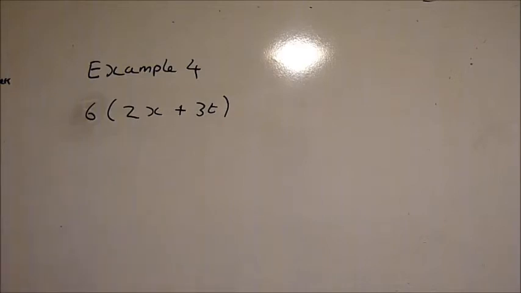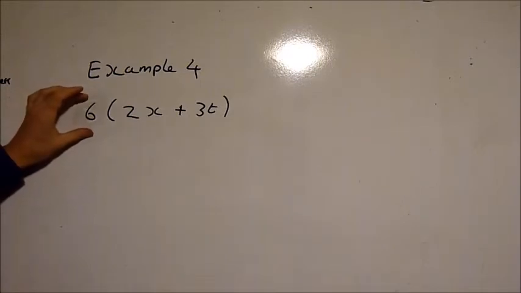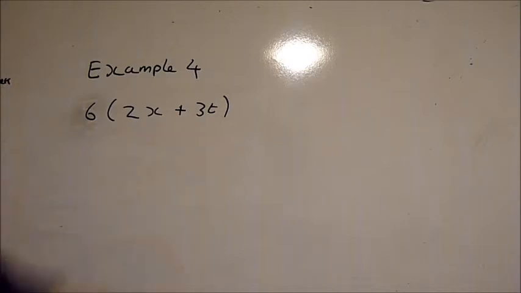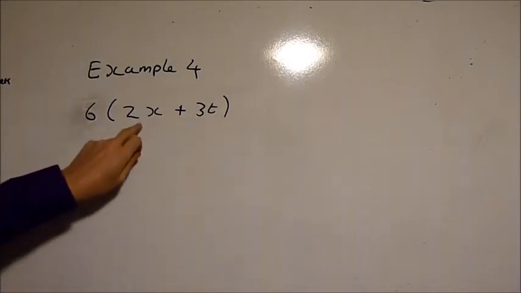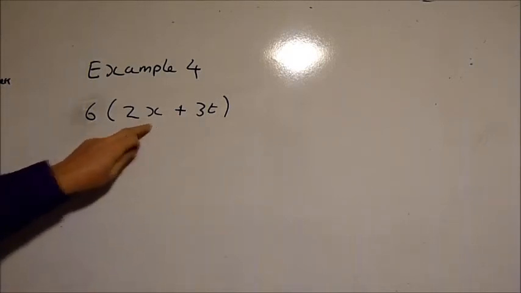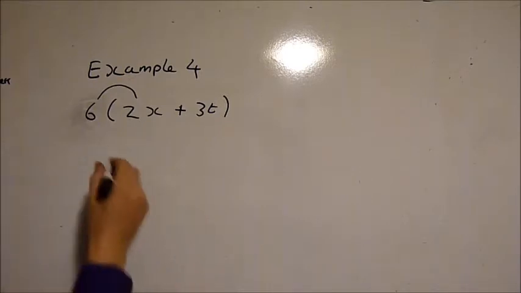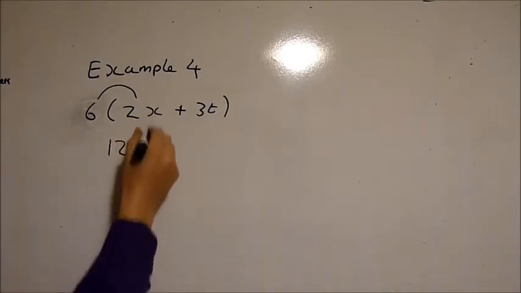But we're going to solve it in exactly the same way as the previous problems, by multiplying everything that's outside the brackets by everything that's inside the brackets. So we have a 2x inside the brackets here, so we'll start with that. We're going to do 6 times 2x, which is going to be 6 times 2, 12 x's.